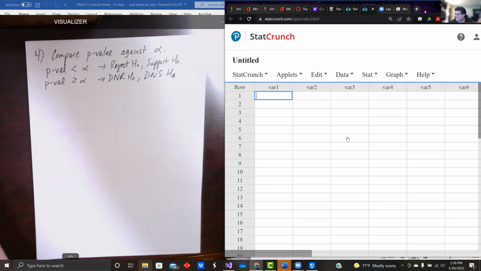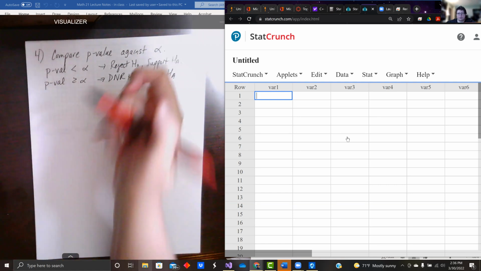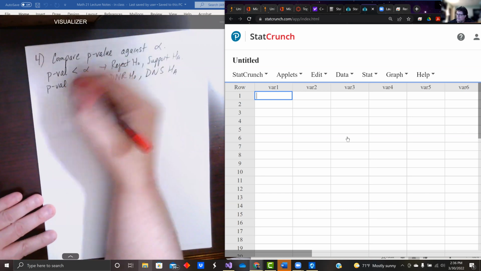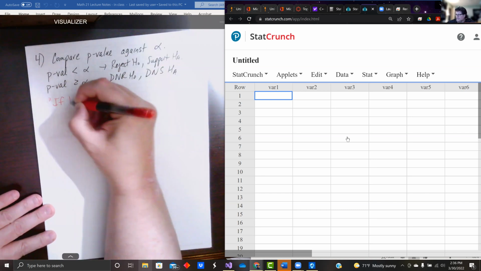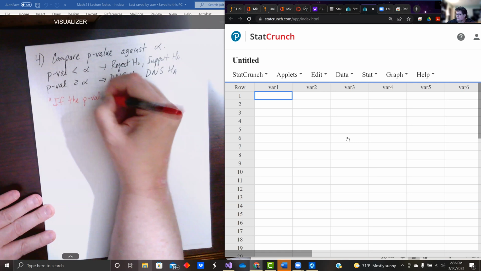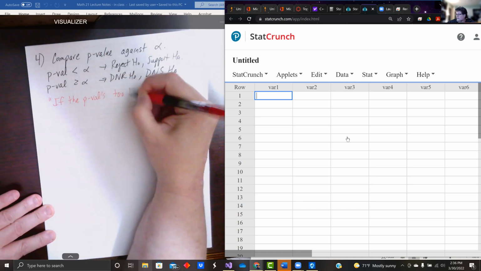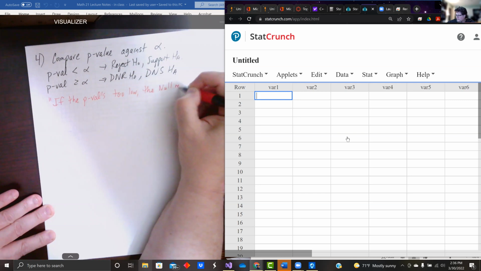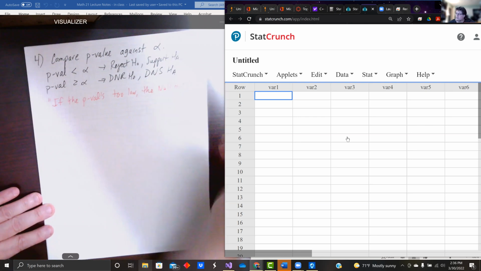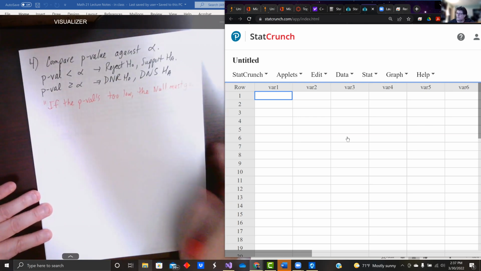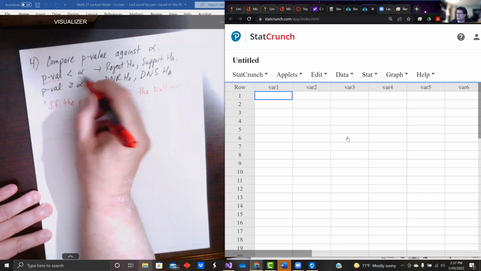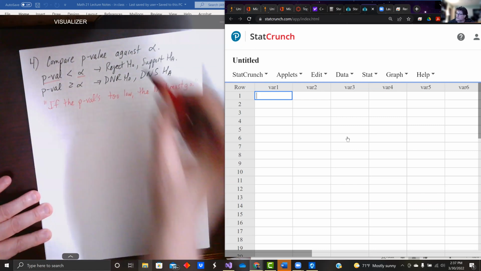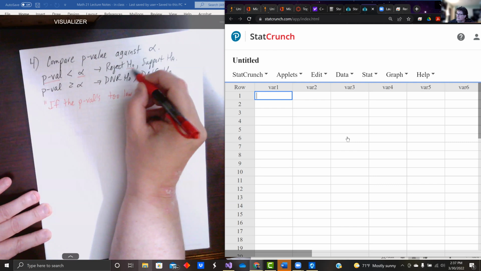there's a couple ways to remember this. The clean approach that people like to teach is if the p-val is too low, the null must go. So if the p-val is less than alpha, H naught is the null hypothesis. It's got to go.